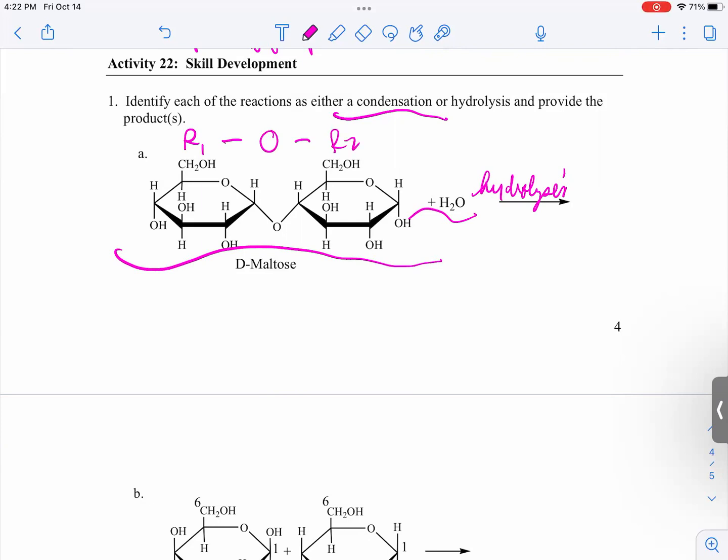And your products are going to be R1 hydroxyl and R2 hydroxyl, right? So this is going to split, all right? And you're going to have your water molecules there, that are going to be breaking this up. The water is going to break. And each one of these sugars, all right, one of them is going to take an oxygen and a hydrogen, and the other one that has hydrogen is going to take an oxygen. So you're going to end up like this.